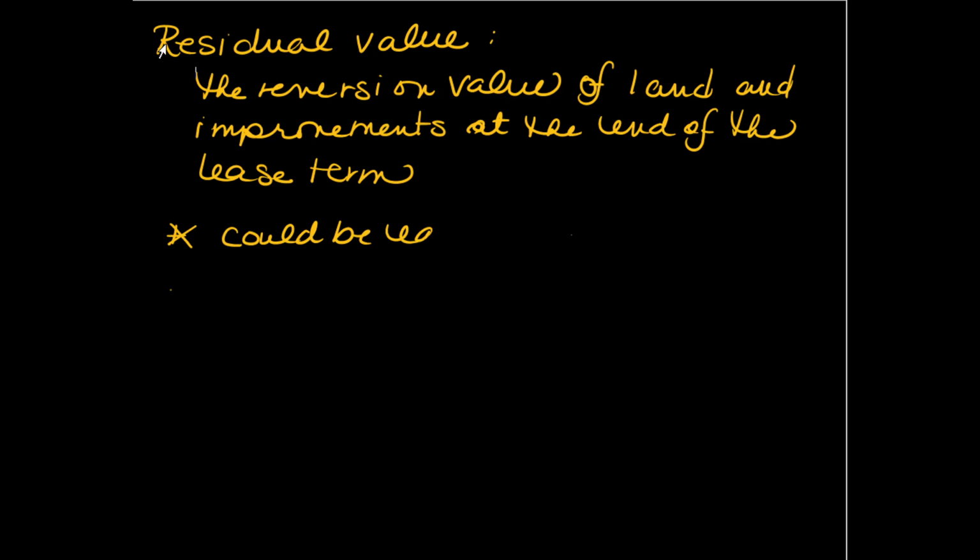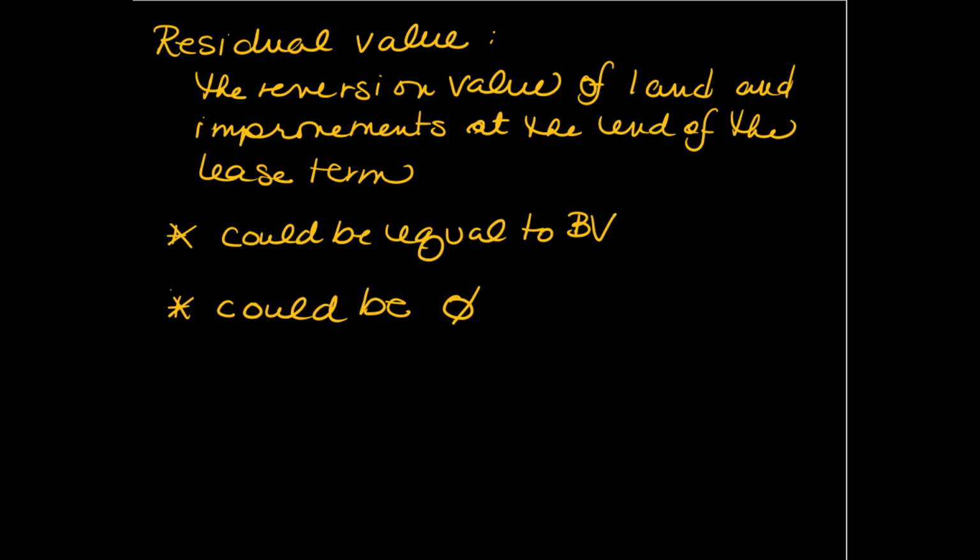Another assumption could be that there's no residual value because the residual sale price received must be reinvested in a lease or on a new facility at that time, because the firm would still need to have some property for their operations. So what other factors affect this own versus lease decision?